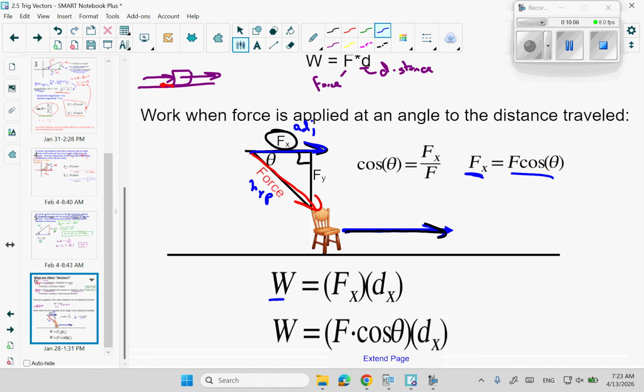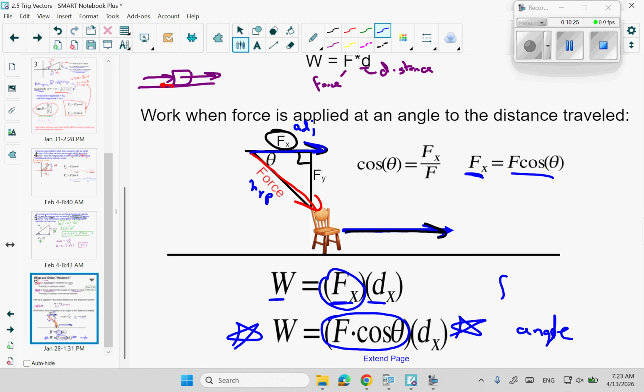So when I go with work equals force times distance, this force piece gets replaced by F cosine of theta. So our formula gets slightly more complicated when you're applying force at an angle. If you're just applying force traditionally in a straight line, you can just use force times distance.